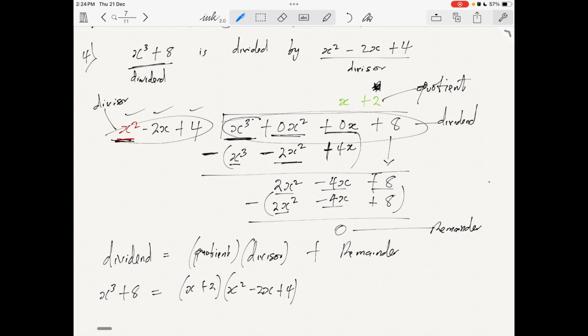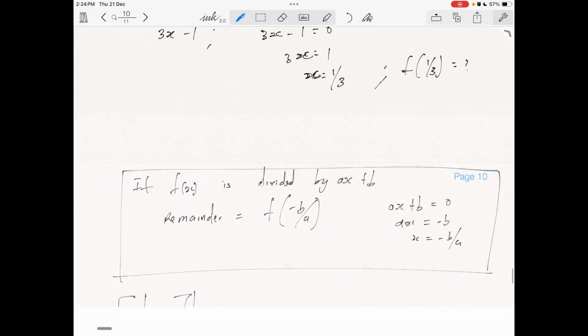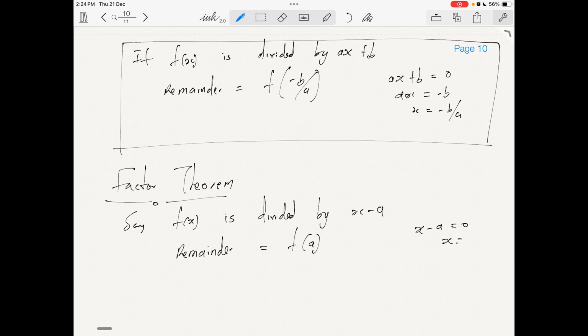How and why? Because say for instance f of x, a polynomial, is divided by x minus a. That means our remainder is equal to f of a, because when we equate x minus a to 0, we have x equal to a.